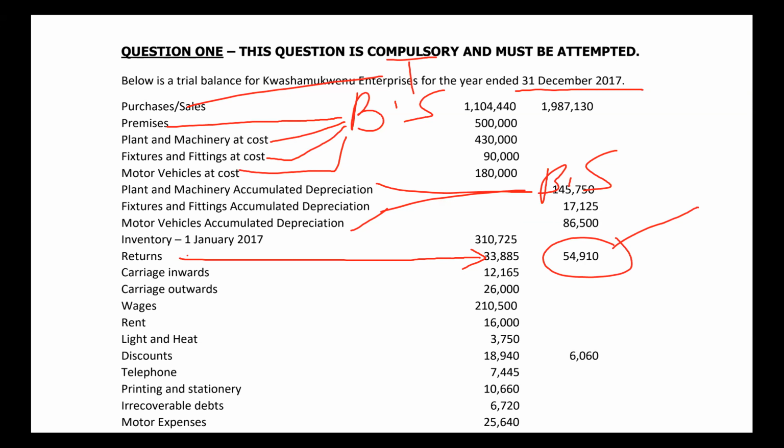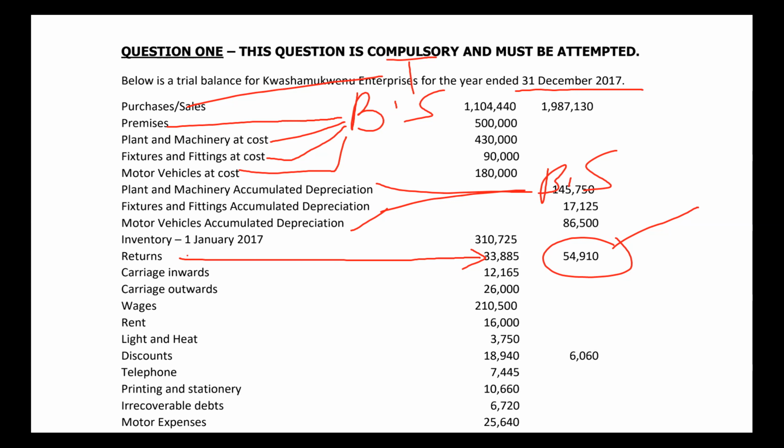You know the returns inward now, I explained already. You make sales, then they return your sales. Then returns outward is when you, as a business, purchase some goods and then return those things that you had purchased.